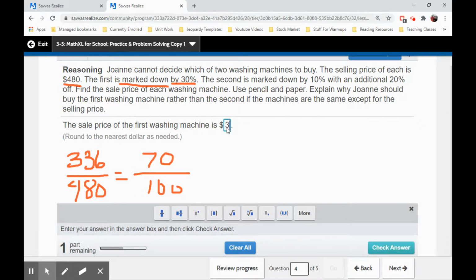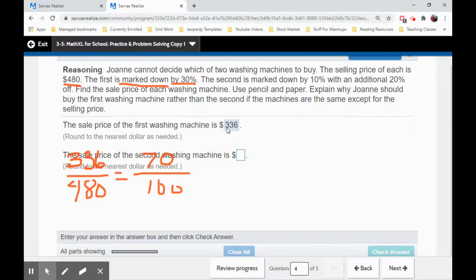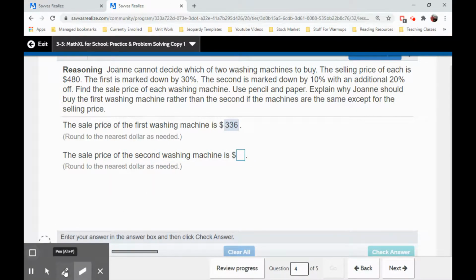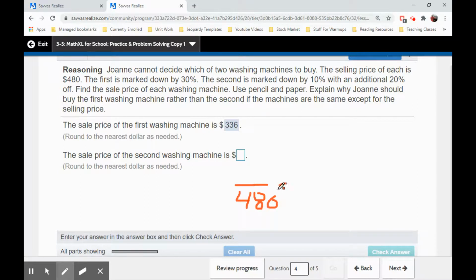Okay, $336. Now they want to know what the second washing machine is going to be. The second washing machine is also $480. However, it's being marked down multiple times. We're going to have to do 2 steps here. It's marked down by 10%.